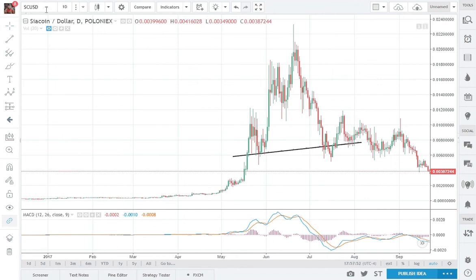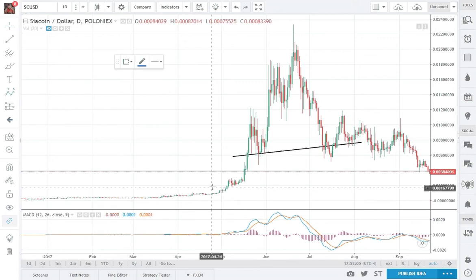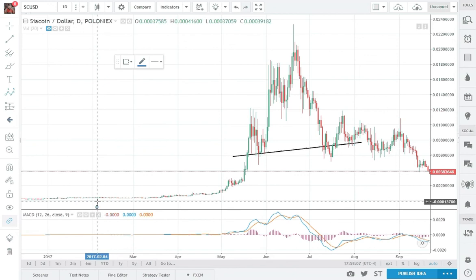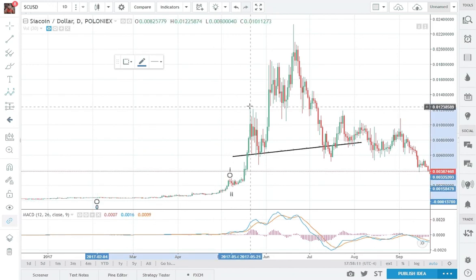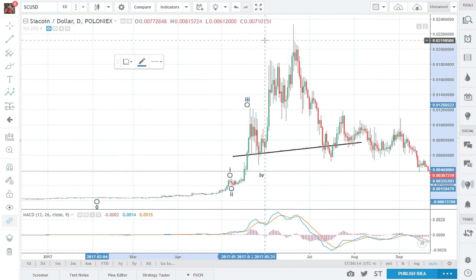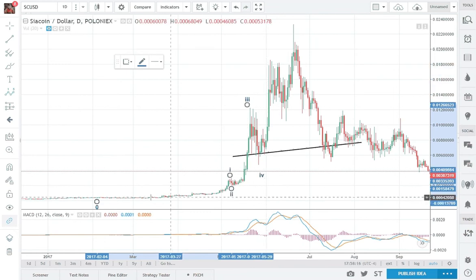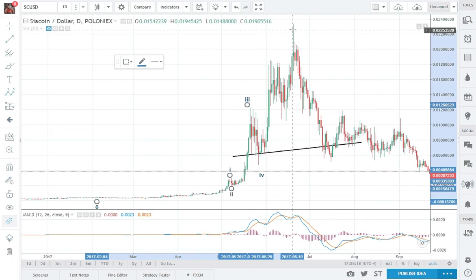And this is on the US dollars. So let's do a count. So I'm going to call this 1, 2, 3, 4. 1, 2, 3, 4, and 5.